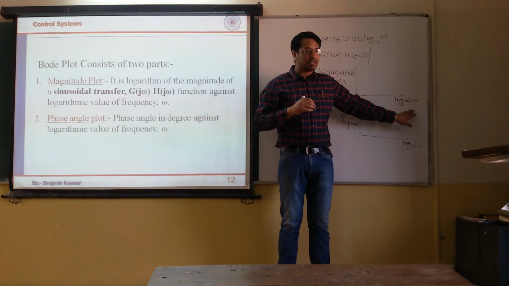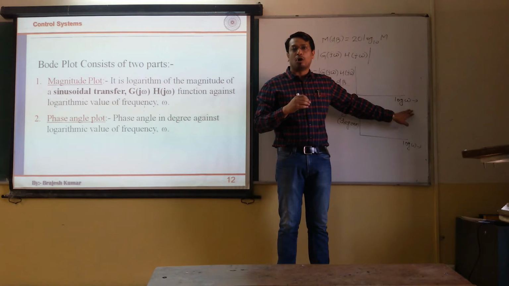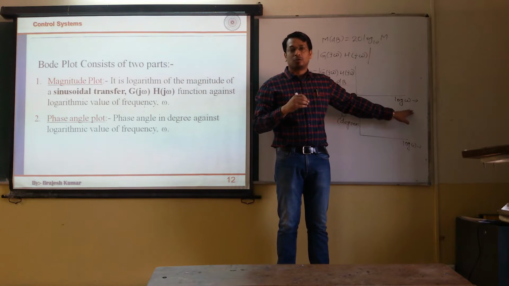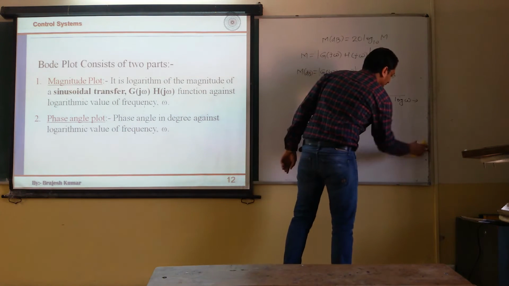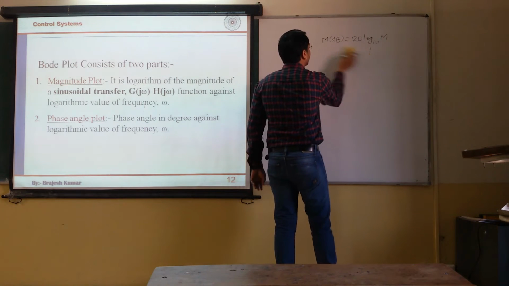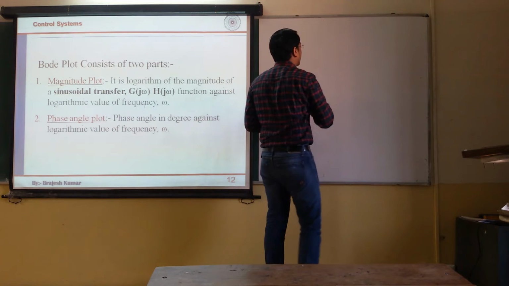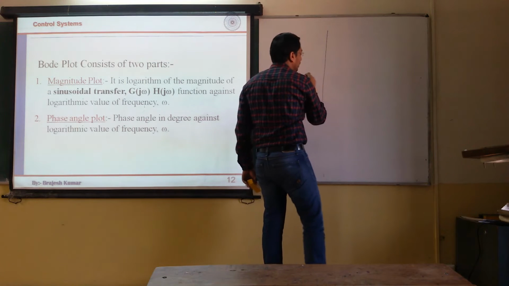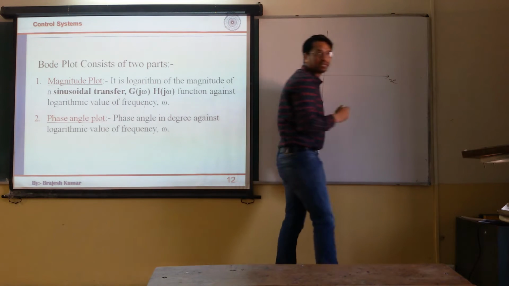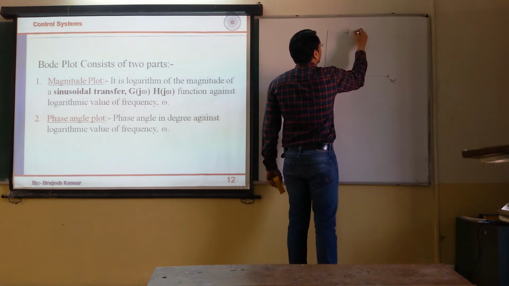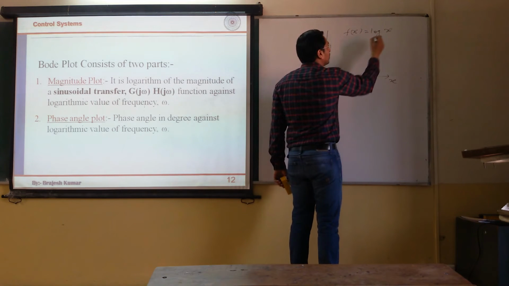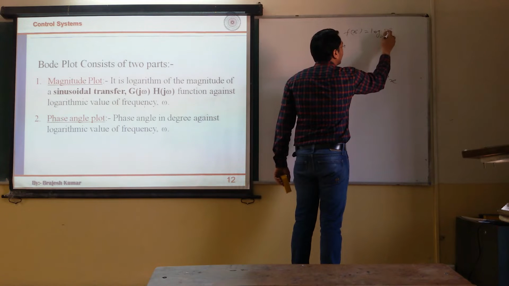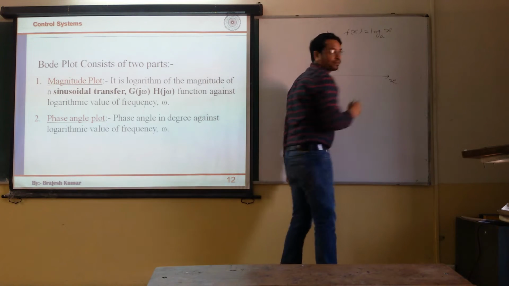Since the x-axis you have taken is log of omega, correct? So you know from your previous knowledge of class 11 or 12 mathematics, the graph of a logarithmic function. Suppose this is x and I am going to define f(x) equal to log of x with base a.